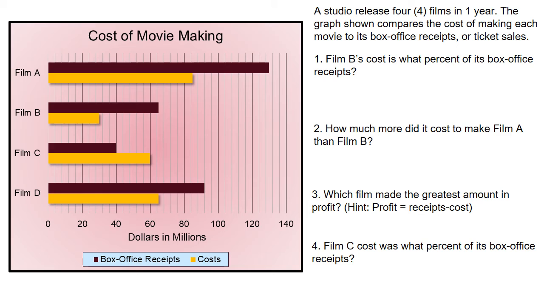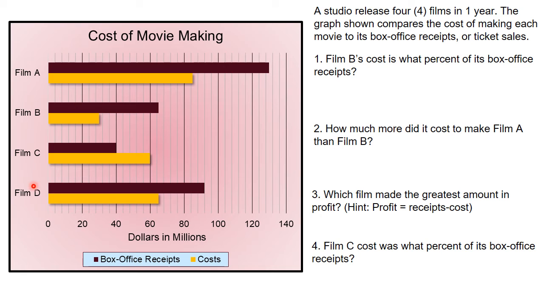Bar graph number 2, cost of movie making. We have here two types of series. Our first color, which is a dark plum, refers to box office receipts, while the orange refers to cost.